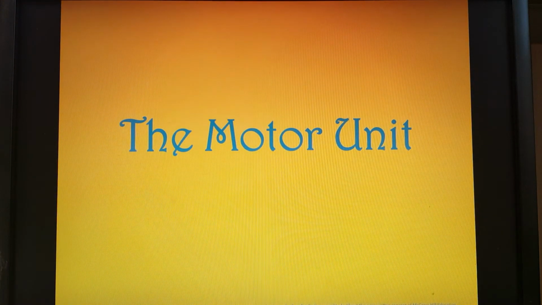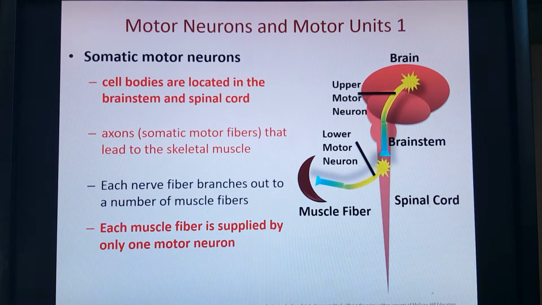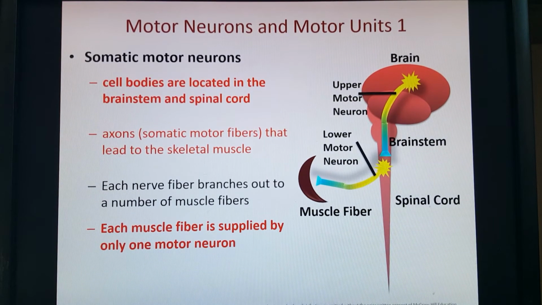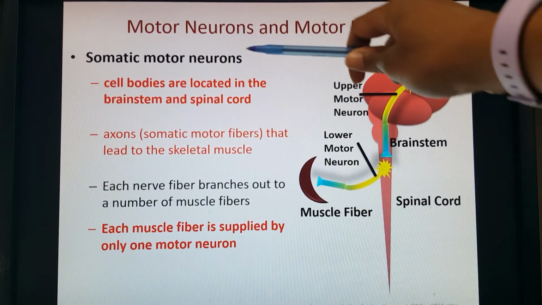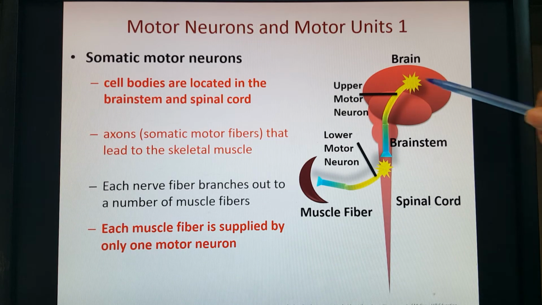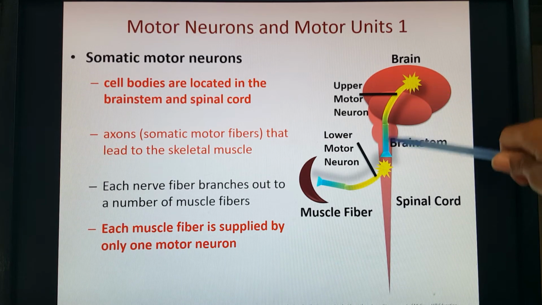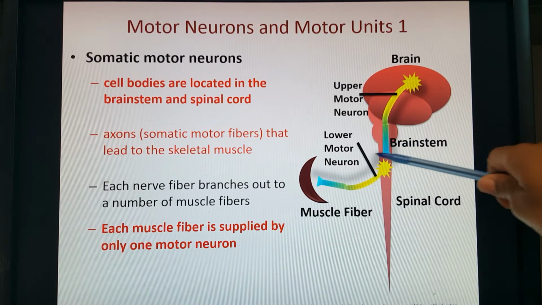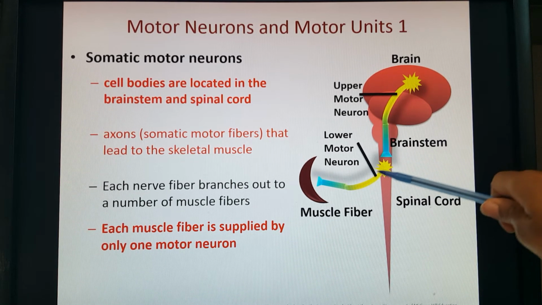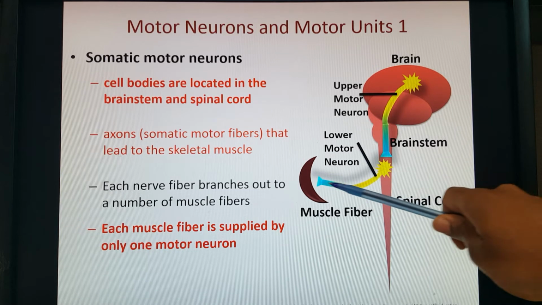So starting with the motor unit. From our brain, we have somatic motor neurons. We have an upper motor neuron that's going to synapse, or make a communication connection, with a lower motor neuron.